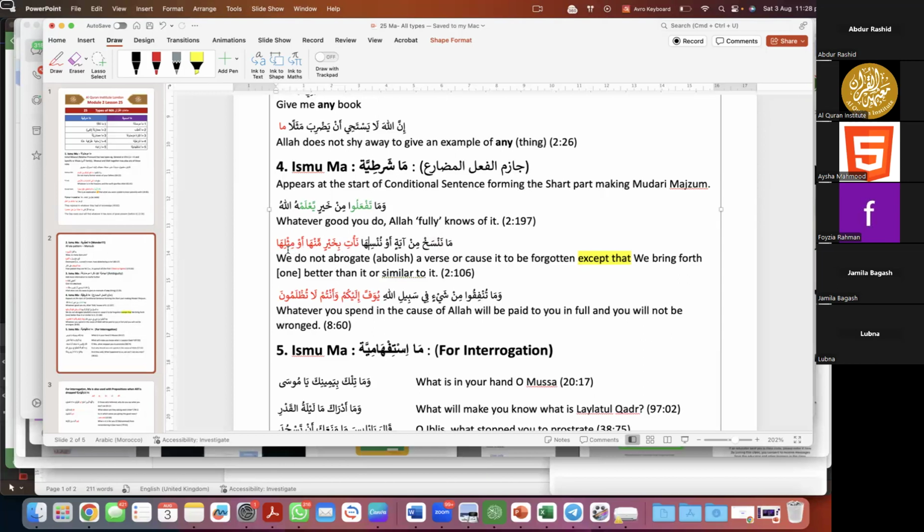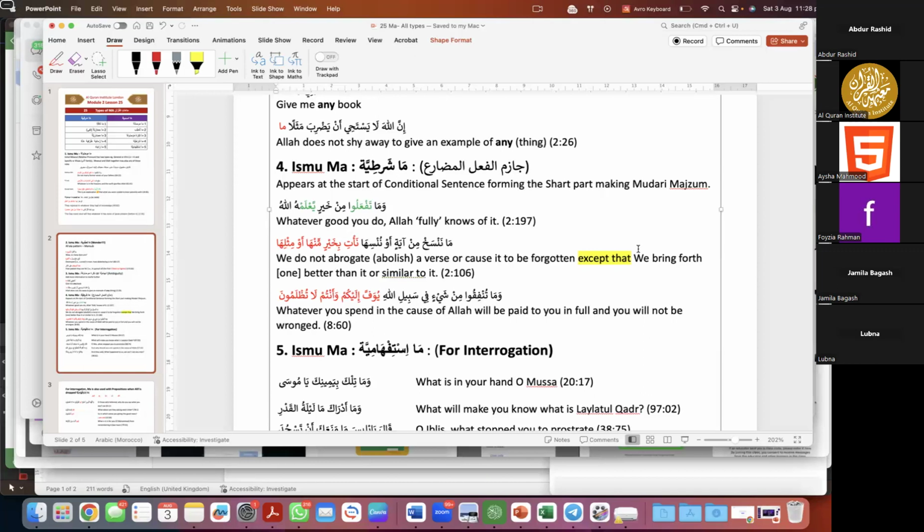So the whole sentence is carrying the majzum because of ma. Not the whole sentence, it's just the mudari that takes the effect, because of ma, harf shartiya. Everybody, you are okay with that? Sister Fauzia, yes?